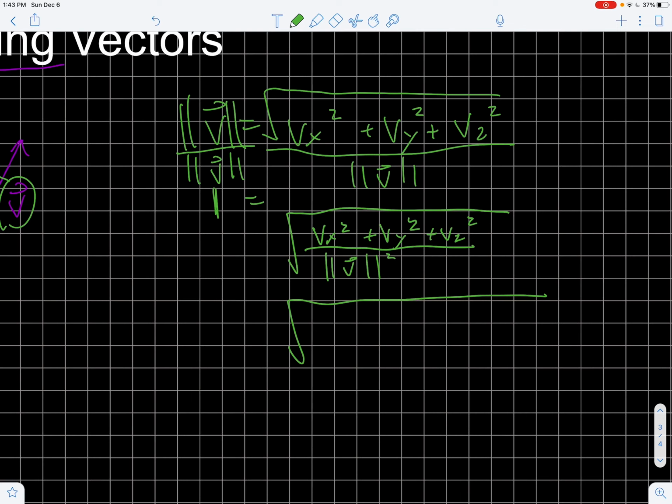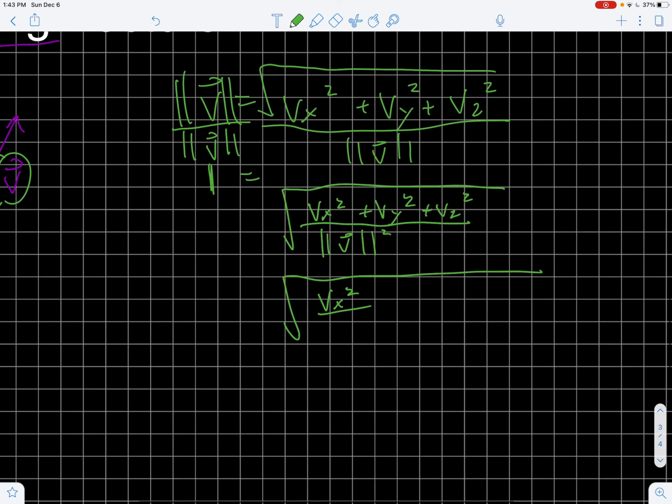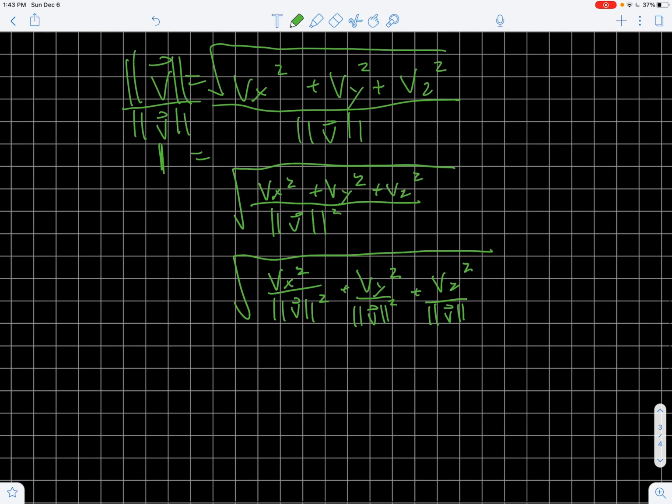We can split this up, get vx squared over the norm of v squared plus vy squared over the norm of v squared plus vz squared over the norm of v squared. All that equals 1.